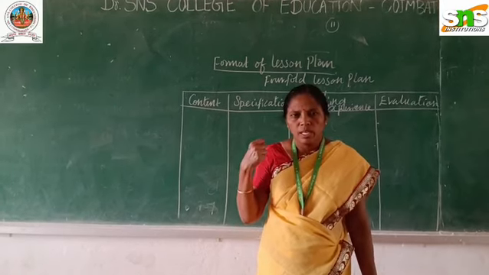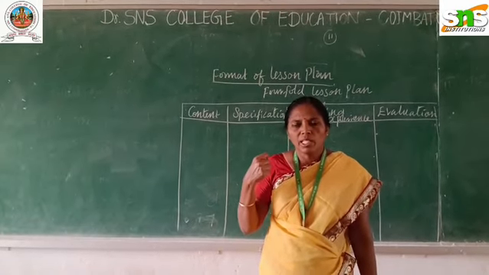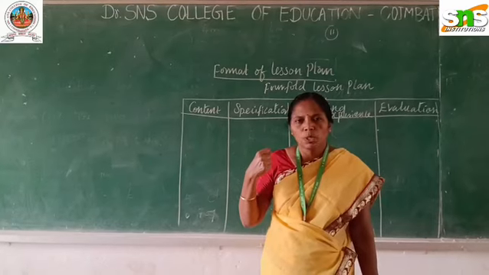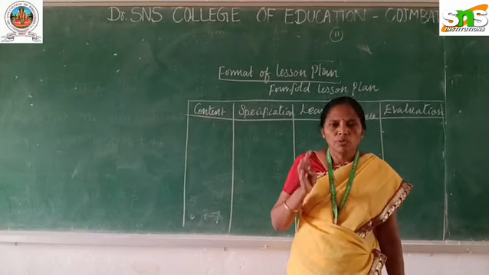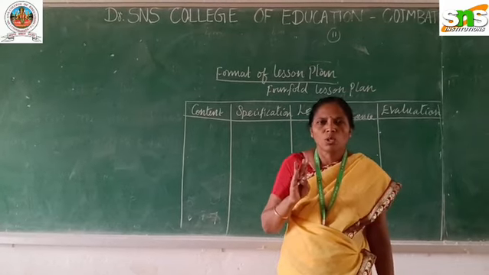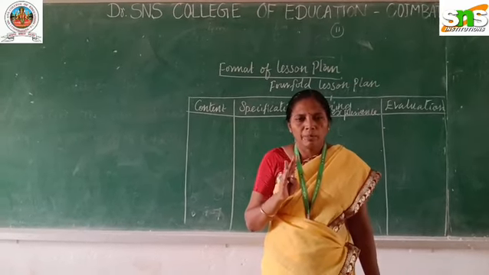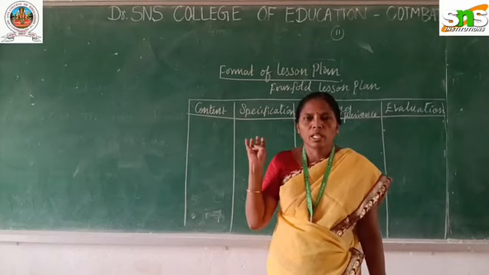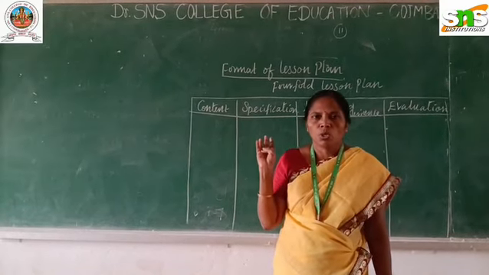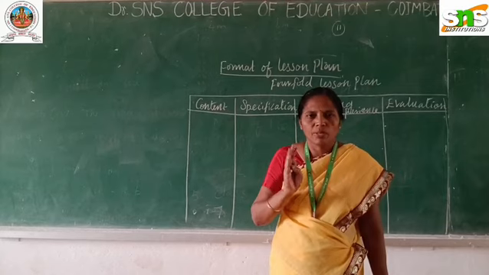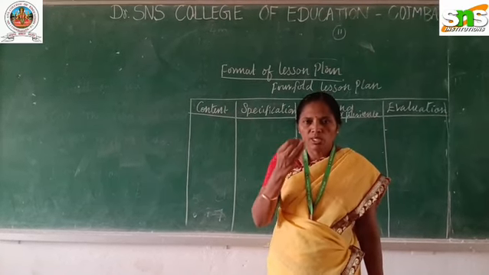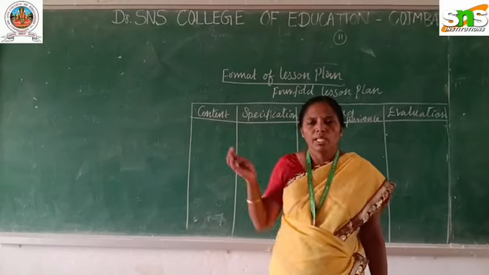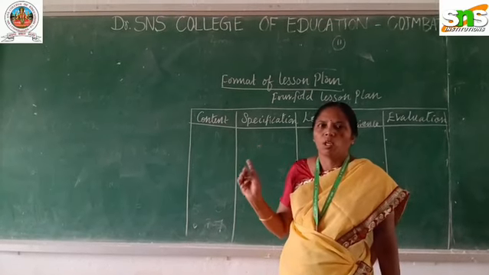In the previous video we have seen the topics to cover before entering into the four-fold lesson plan. Here we see how we write the four-fold lesson plan. We divide it into four columns and follow the Herbartian steps in that four-fold column. We saw how to arrive at the objectives, and that objective order should be reflected in the four-fold column also.